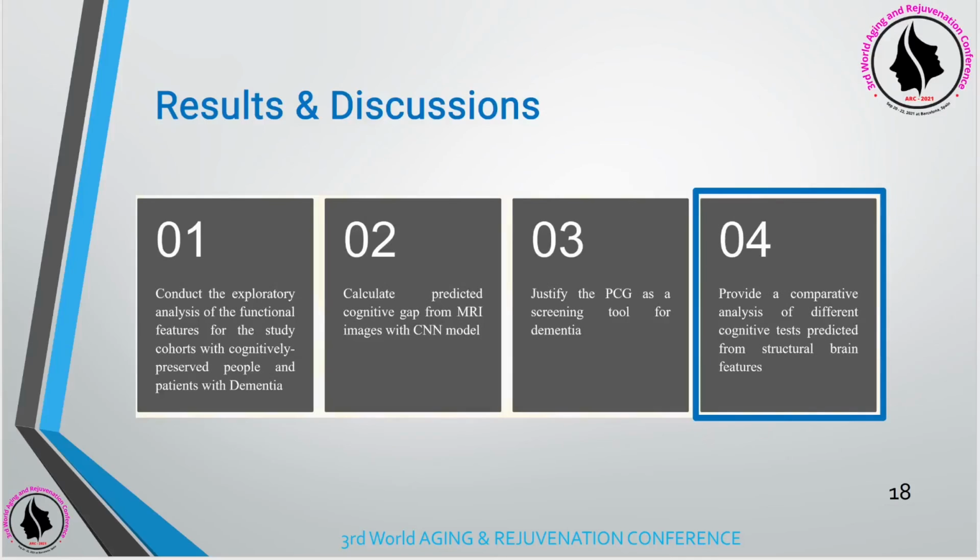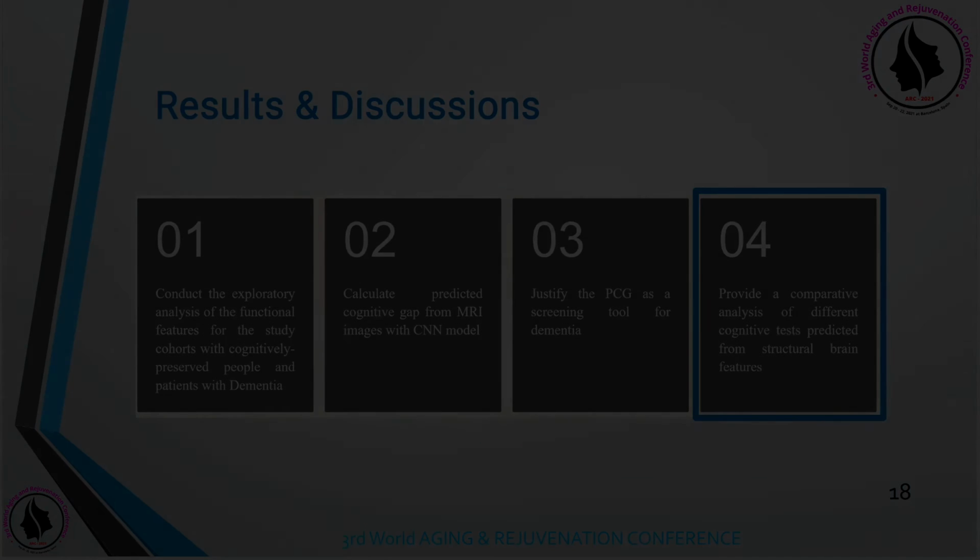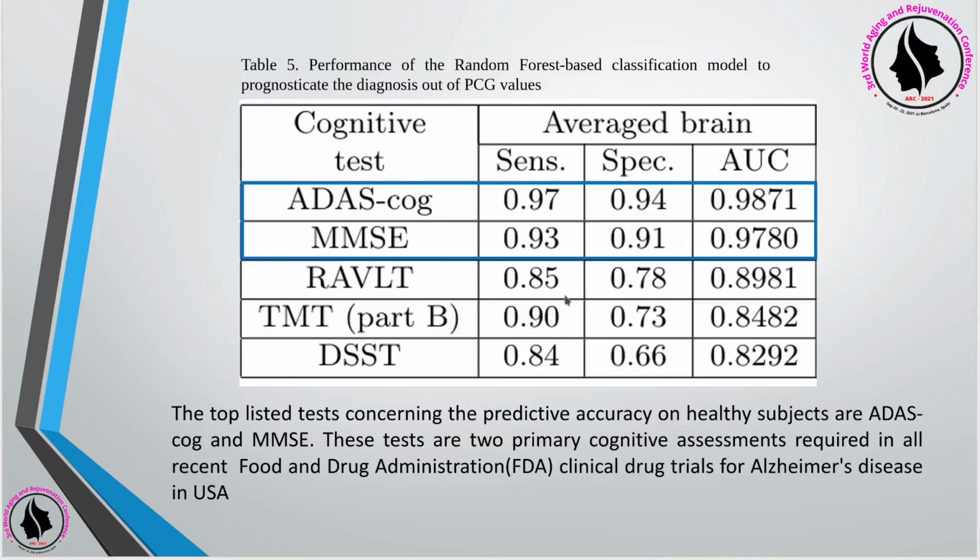Finally, we decided to provide a comparative analysis of different tests with regard to the predictive potential of the applied models. Table 5 shows the performance of the random forest-based classification model to prognosticate the diagnosis of dementia out of PCG values.